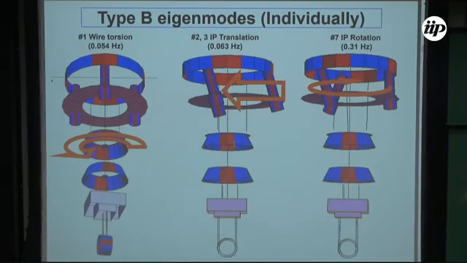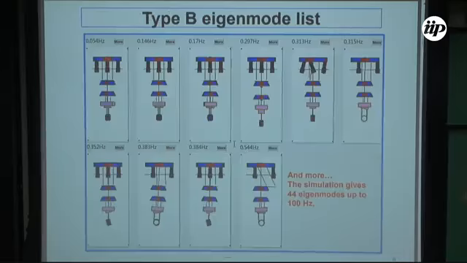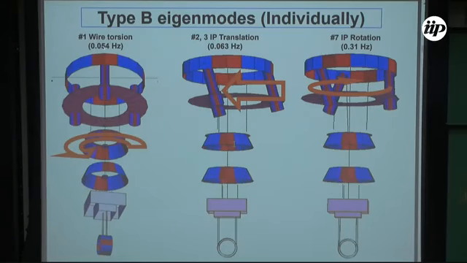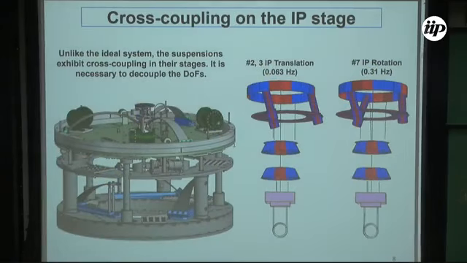We can also click here on more, and we can have the eigenmodes individually, and we can take a look around the suspension. So these are, for example, eigenmode number 1, number 2, and 3, and the number 7, for example, which is the inverted pendulum rotation. 45, yes.